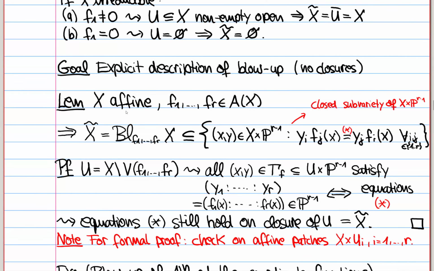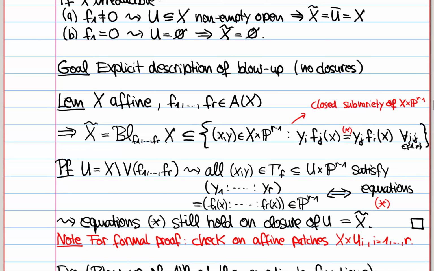Namely, if X is affine and f_1 up to f_r are functions on X, then this X tilde, the blowup of X at the functions f_1 up to f_r, we know it sits inside this product X cross P^(r-1). And the lemma says, in fact, it sits as a certain subset of this product, namely the subset of coordinates (x, y).